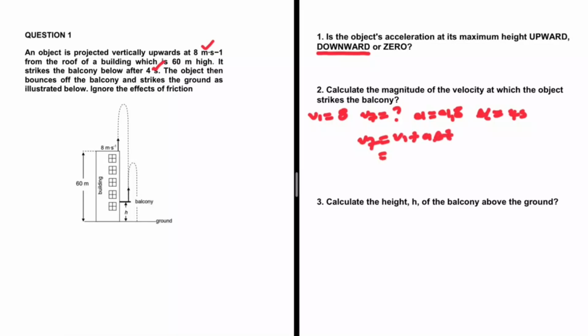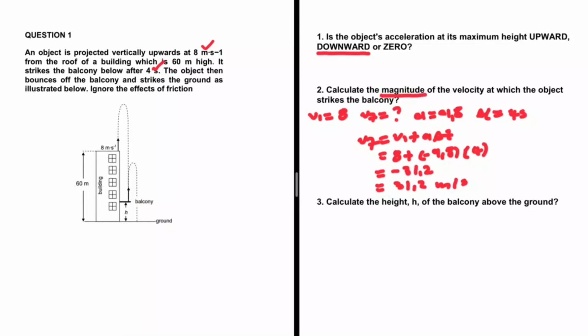Taking up as positive, if we substitute, we're going to have 8 plus the acceleration, which is minus 9.8, multiplied by delta T, minus 31.2, which is just equal to 31.2 meters per second. Delta T is a scalar, so it's always positive. The question says to calculate the magnitude, so we don't have to worry about the direction.